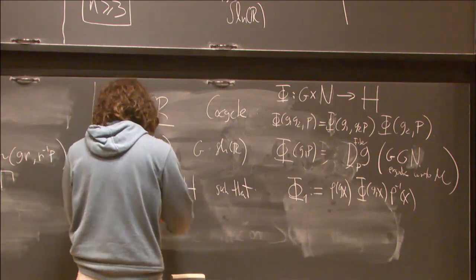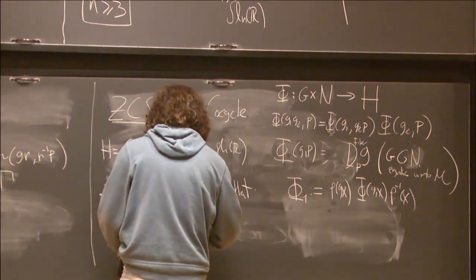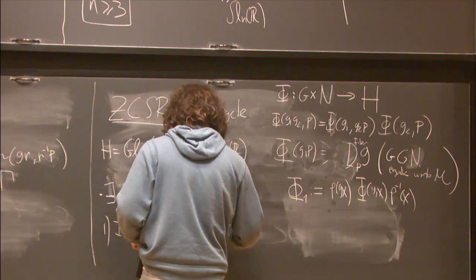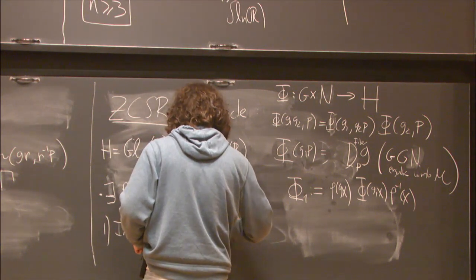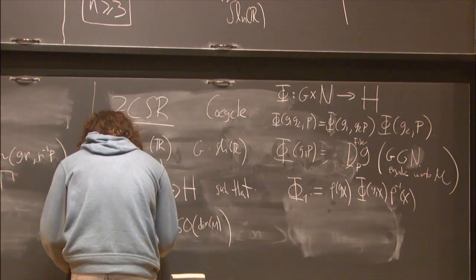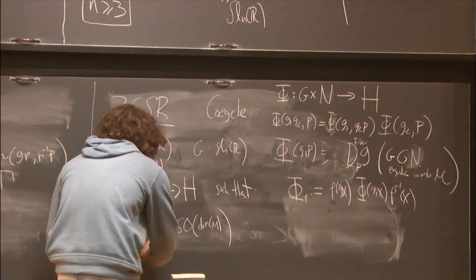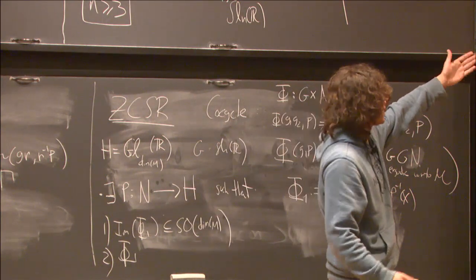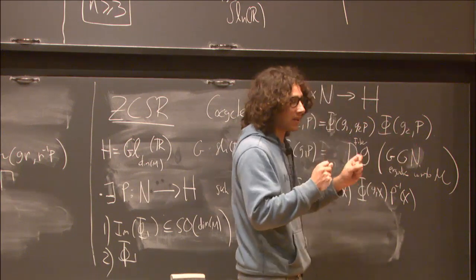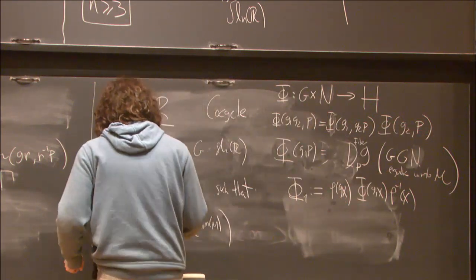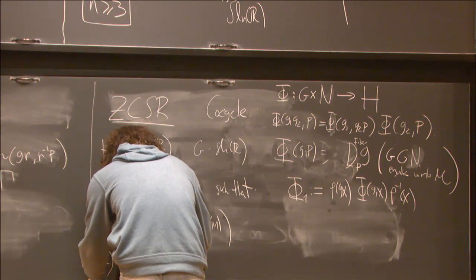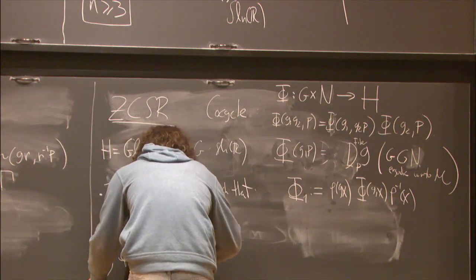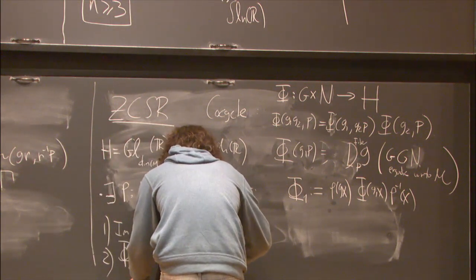Then either the image of phi1 lies in a compact set, so in SO of the dimension of M, or the other case is where phi1 doesn't depend on X. So it's like the action on the torus, the derivative doesn't depend on the point because it's just a linear action. So it says that phi1 is a group homomorphism from G to H.